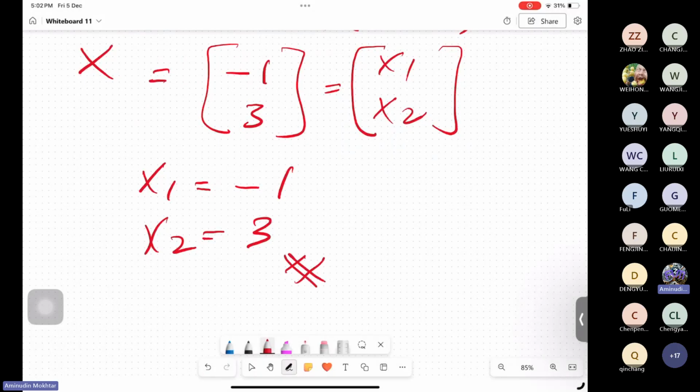That is the solution for this equation. That is how the matrix inverse can be applied to a system of equations. Any other questions before I proceed to the next step?